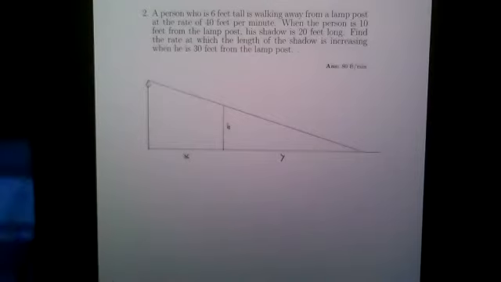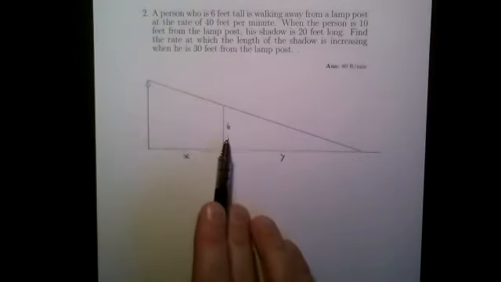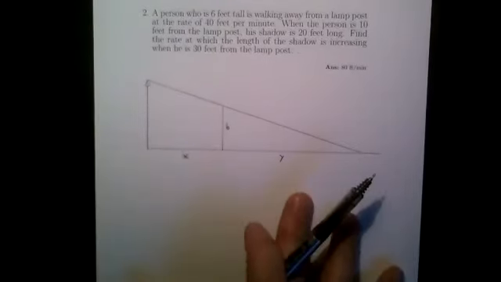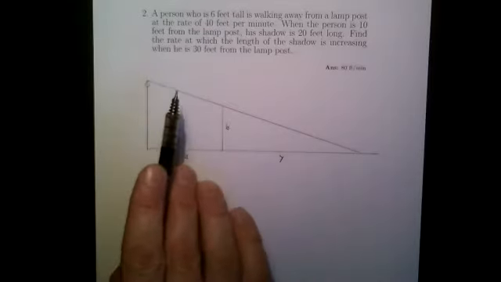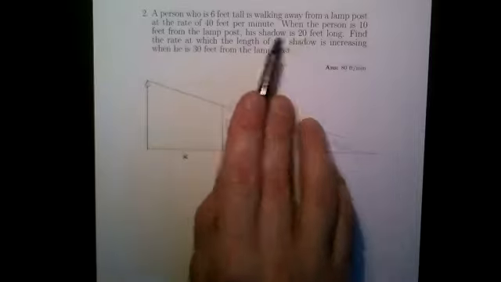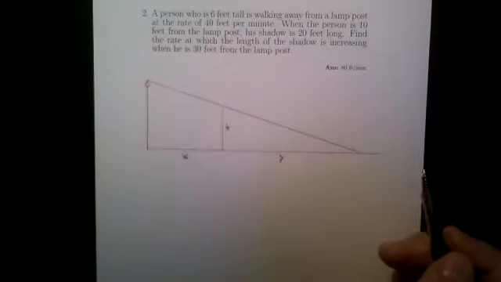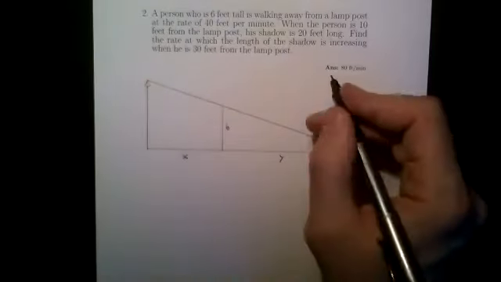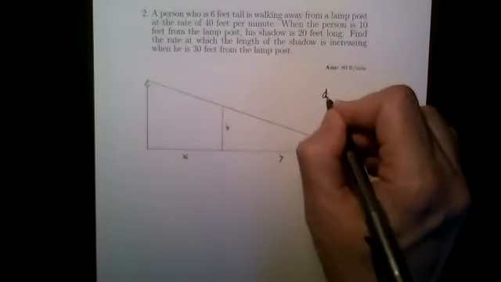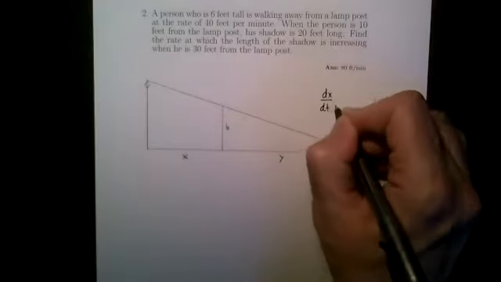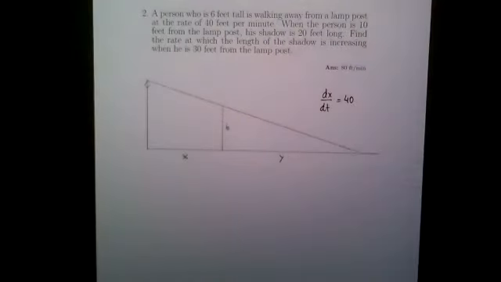So let's see what's given to me now. 6 feet tall, so this is constant. This doesn't change. He doesn't change his height, the guy. He's walking away at 40 feet per minute. So this is my dx/dt. So this is given to me, dx/dt is equal to 40.